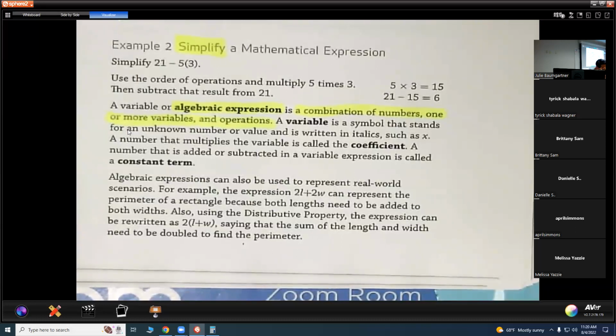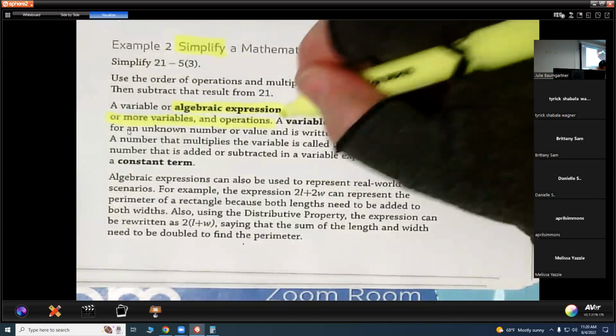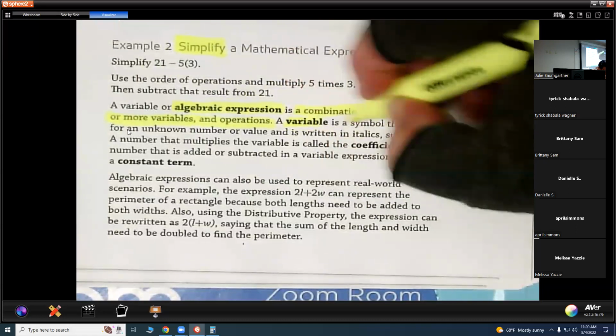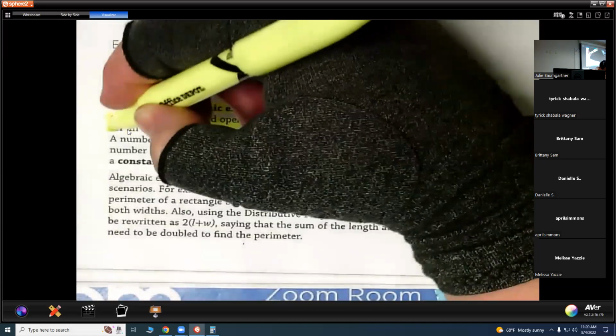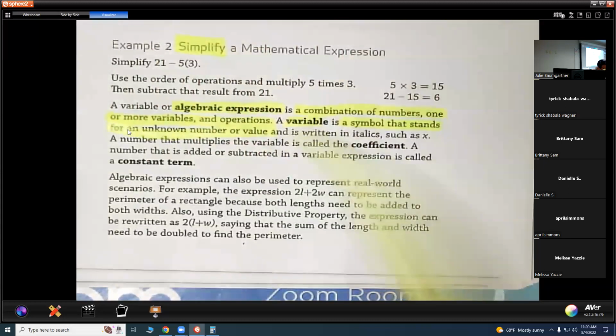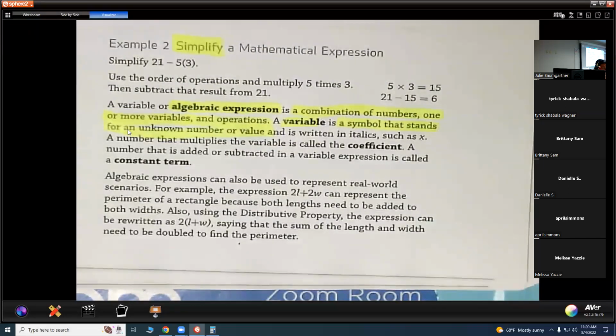We know what a variable is. A symbol that stands for an unknown number or value. Don't worry about how it's written in italics. I don't think that's super important, okay?